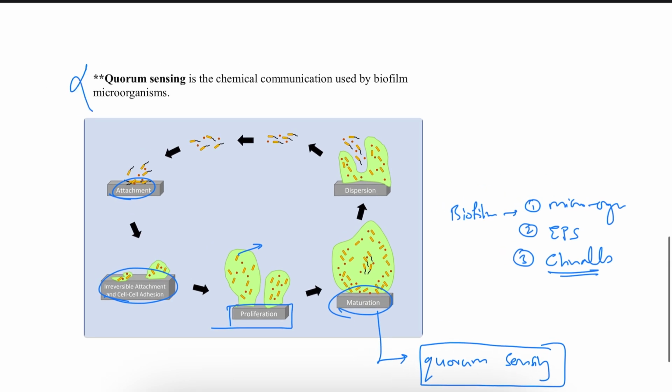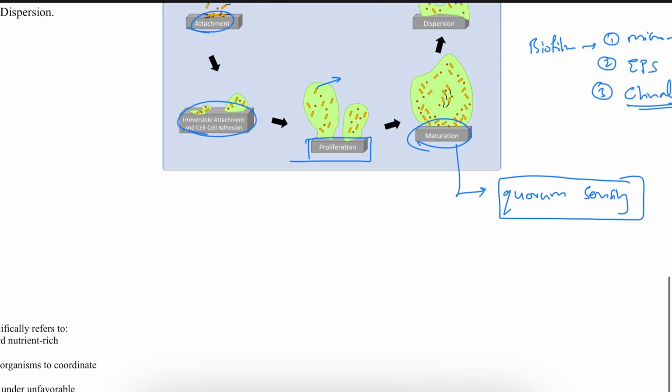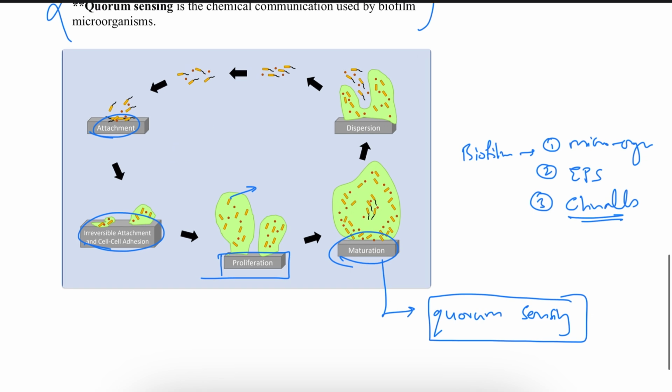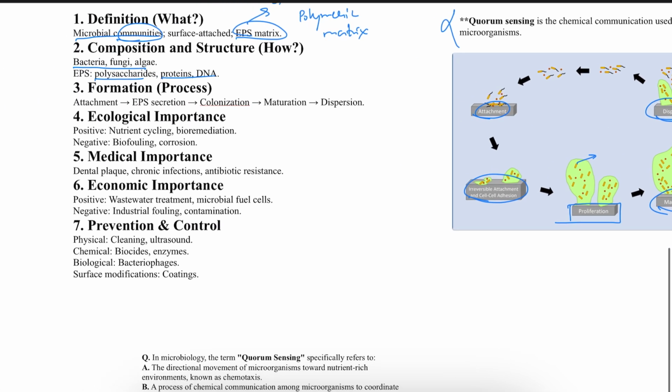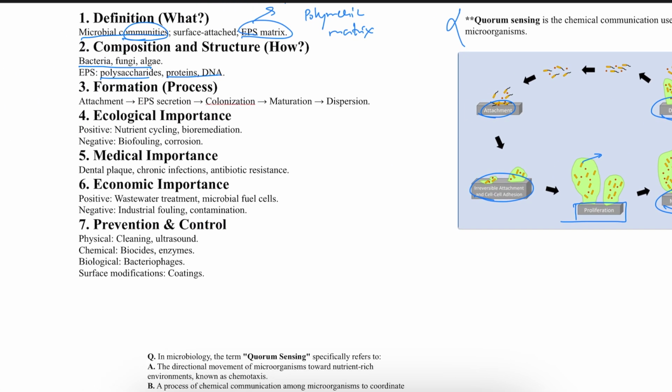Finally, we have the dispersion stage, where the cells detach and spread, thereby trying to colonize new surfaces. Roughly, this is the broad process of formation.